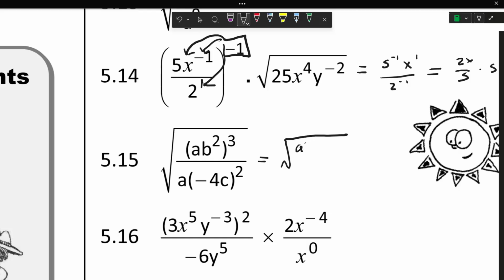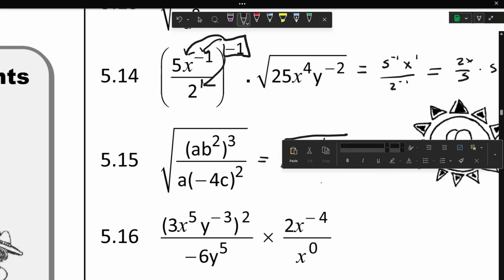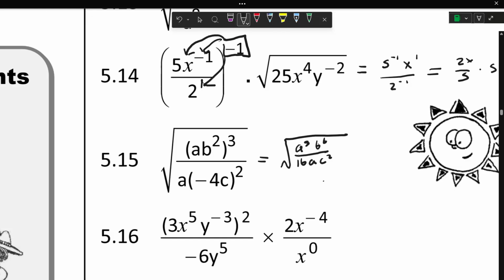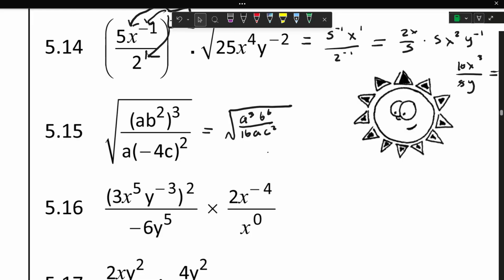We're going to say a cubed b to the 6 over 16a c squared, because remember that negative sign is on the inside of the bracket and the square is on the outside of the bracket, so negative 4 is getting squared as well as c, so the negative 4 becomes a positive 16, and then we've got this a here, and it's going to be a minus 1 up there, and there's no c on the top, so we just leave that as it is.